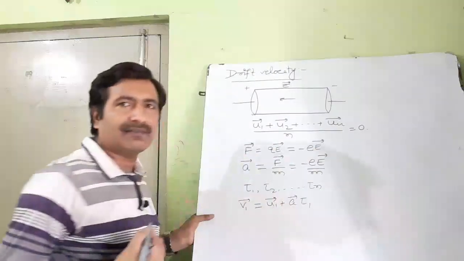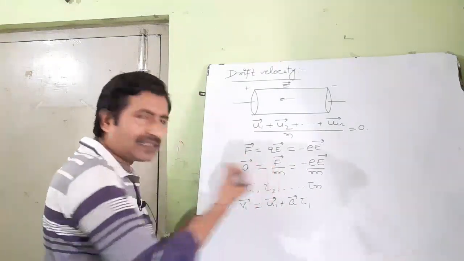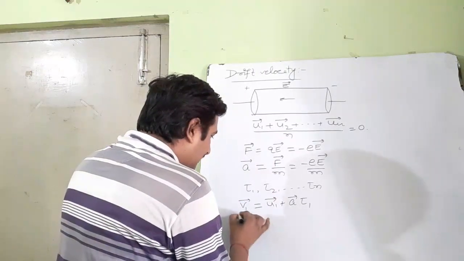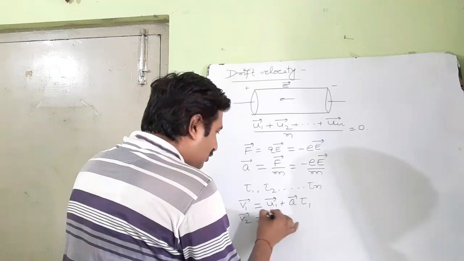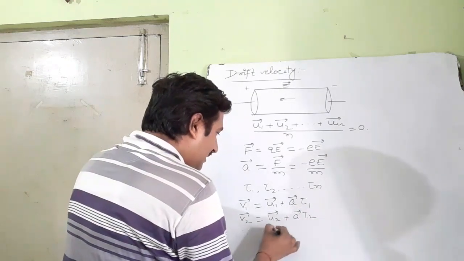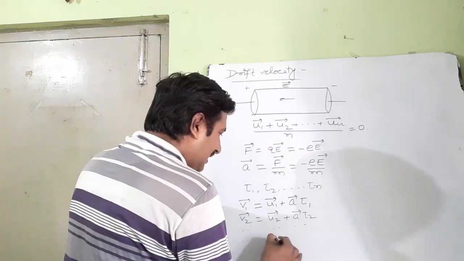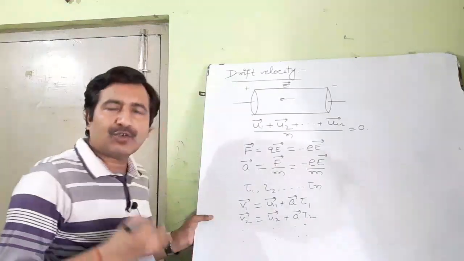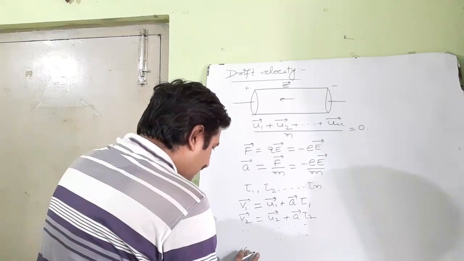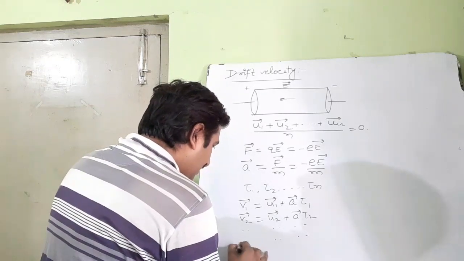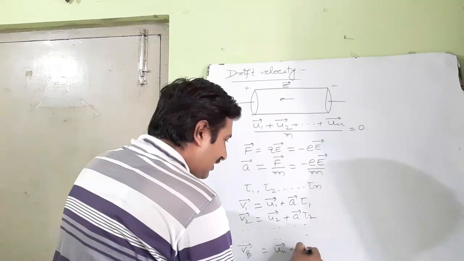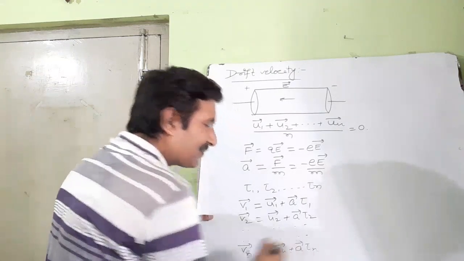You see, a is the same for all. This is for the first free electron. For the second free electron, v2 = u2 + a tau 2. In the same way, each free electron will collide with velocities v1, v2 and vn = un + a tau n.